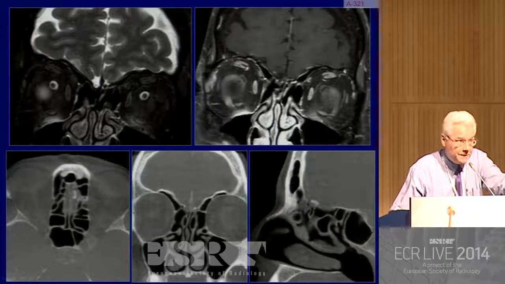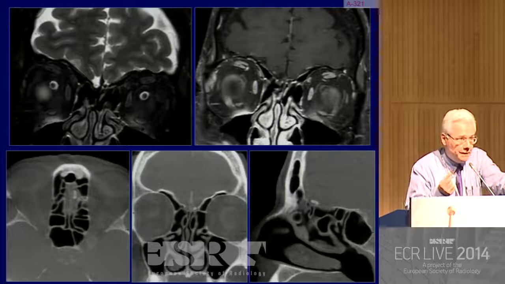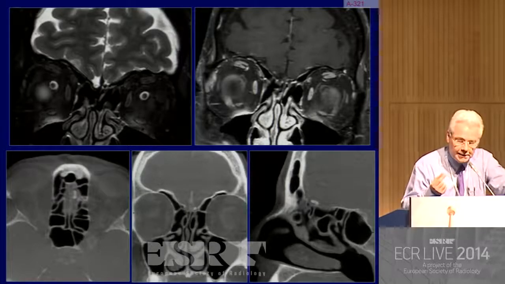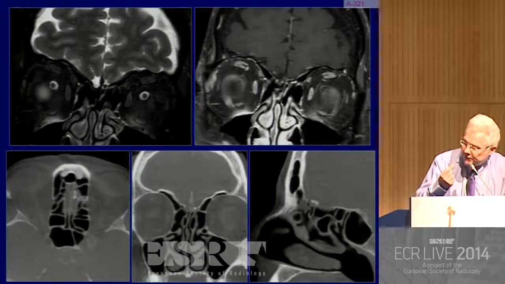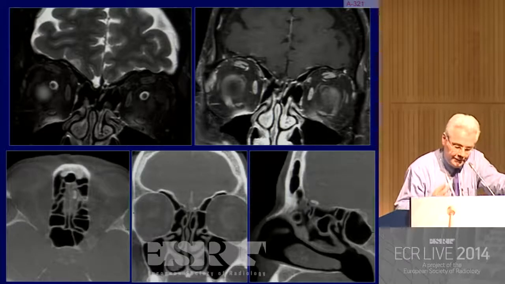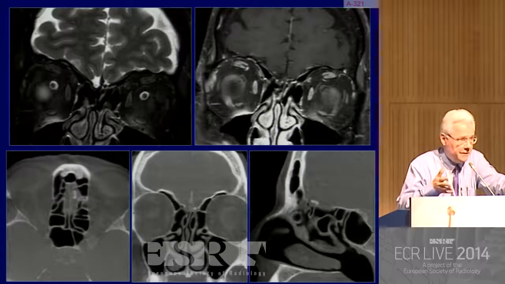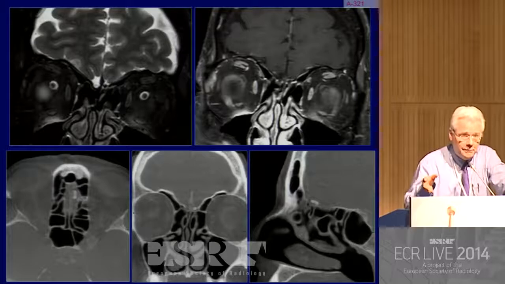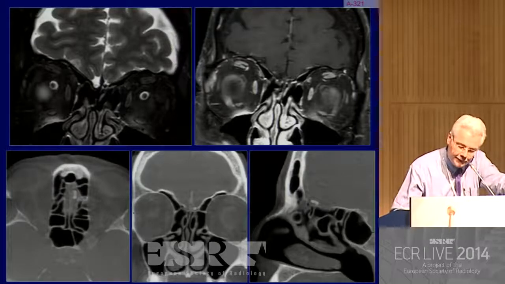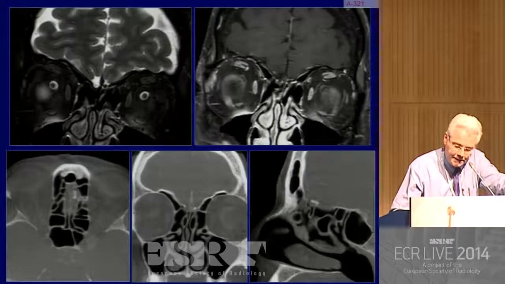And this is interesting because developmentally, this osteoma had retroponed the olfactory bulb, which was more posteriorly located on the left side. But this patient, in spite of having normal sulci bilaterally, complained from left-sided hyposmia.